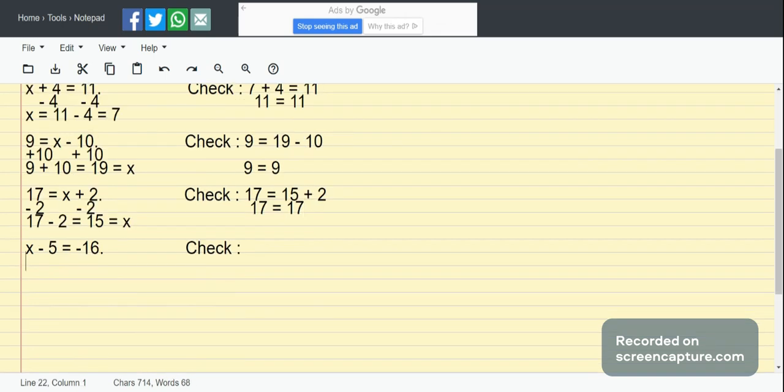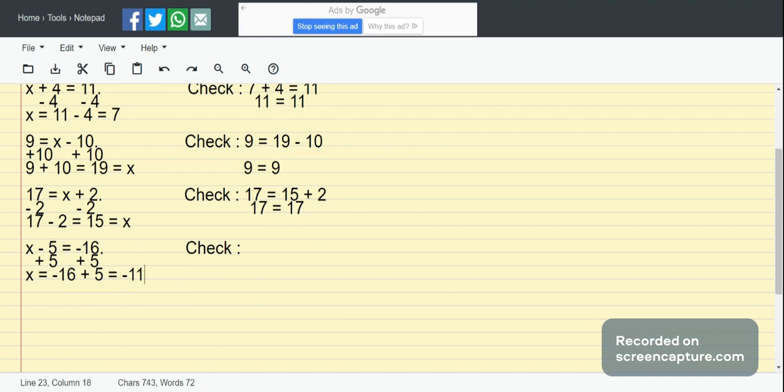And the last problem is x minus 5 equals negative 16. So for this problem, you add 5 to both sides to get rid of the minus 5. So that means x equals negative 16 plus 5, which equals negative 11.